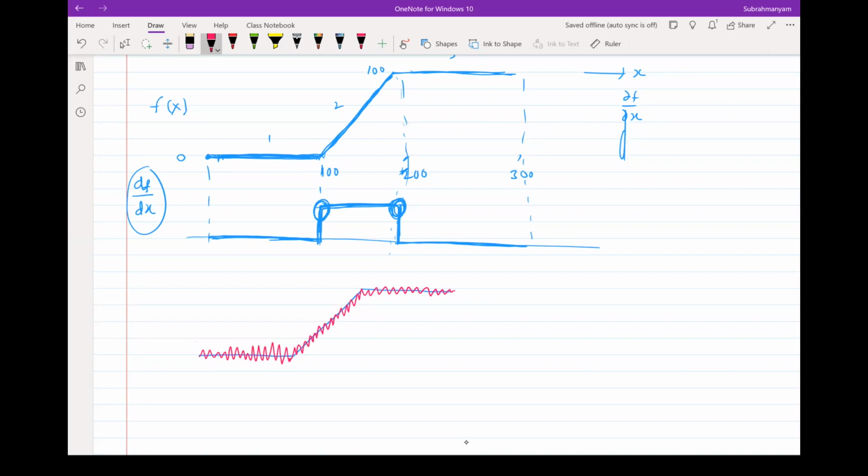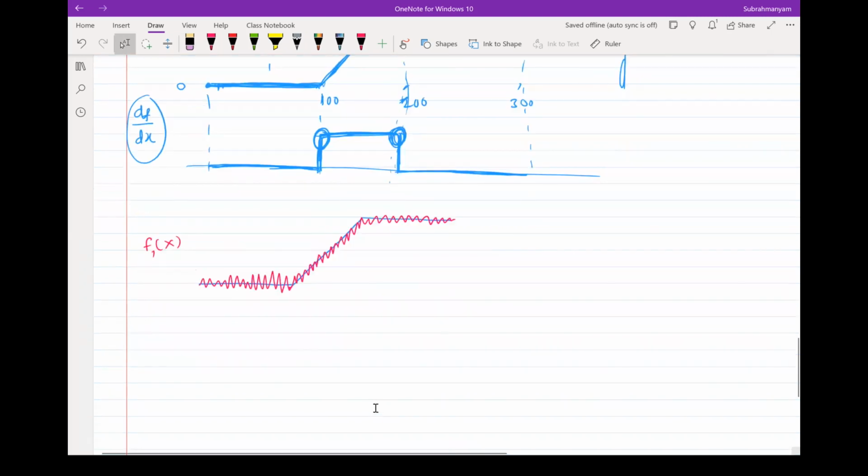This is my f of x now. Let me call it f1 of x, the original one with some noise. Now what is going to happen when I try to compute the partial derivative of f1 of x with respect to x? Can you see a clear jump like this here now?